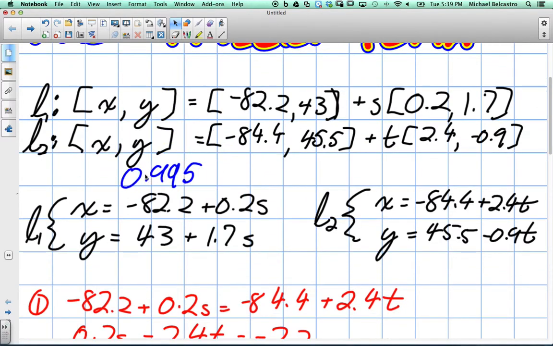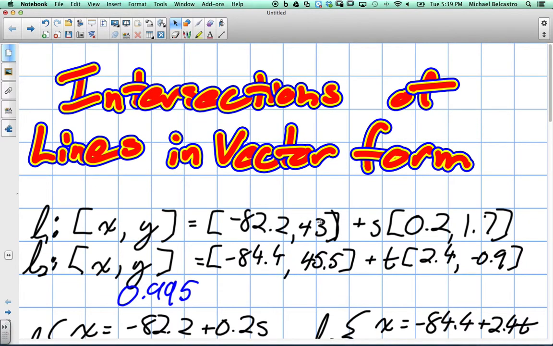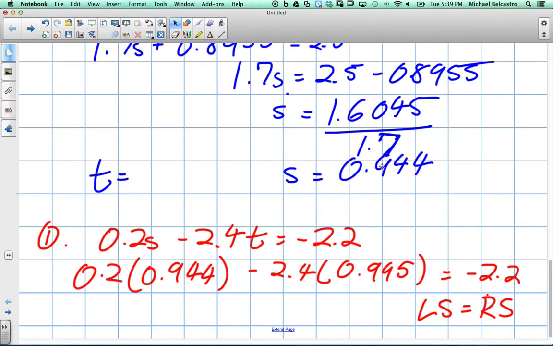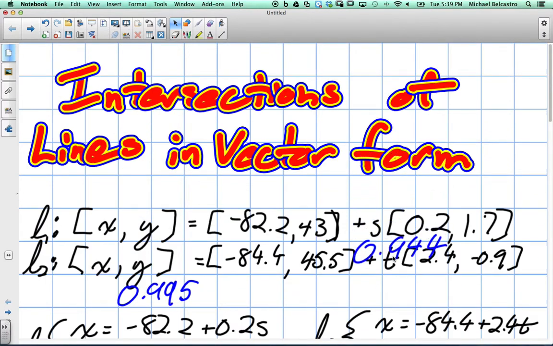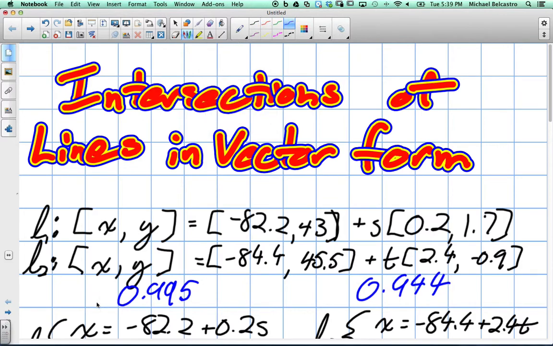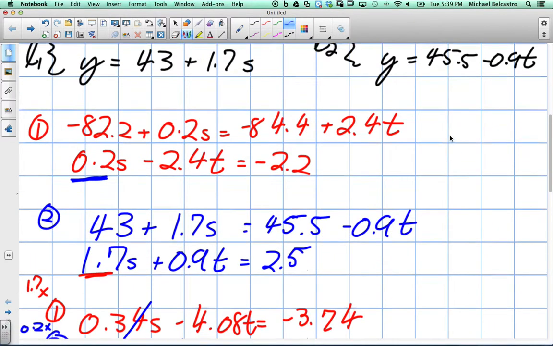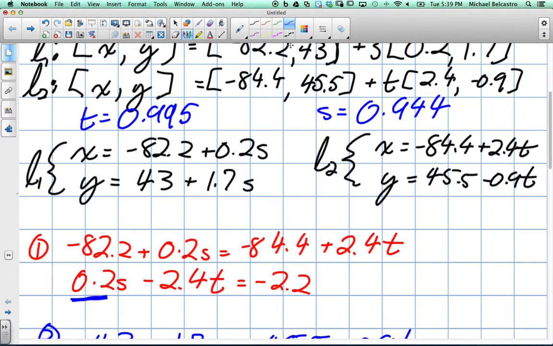This was our t, I think. We'll find out when we go to the bottom again. That was our t, and this will be our s value. Okay, and we'll just quickly plug them in to find out what our values are. So t equals this, s equals that. I actually have them above the wrong lines, but okay.